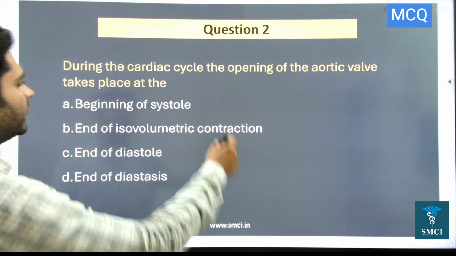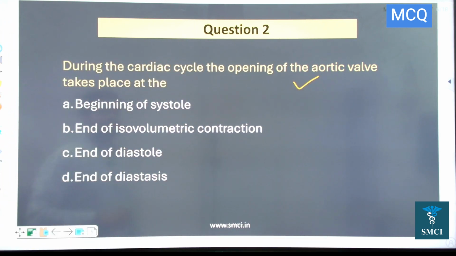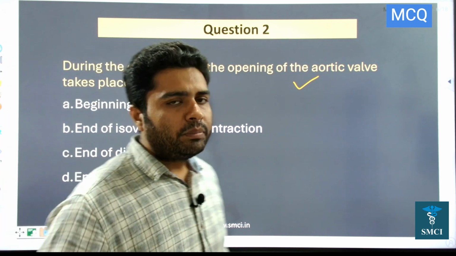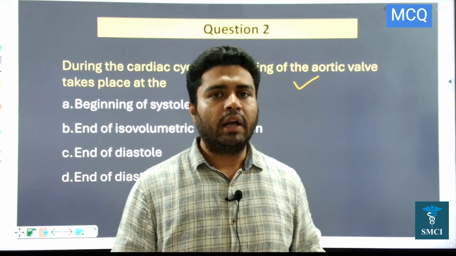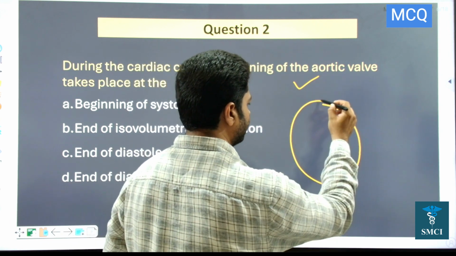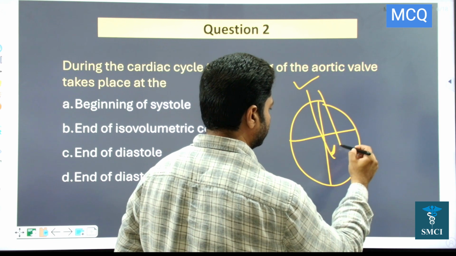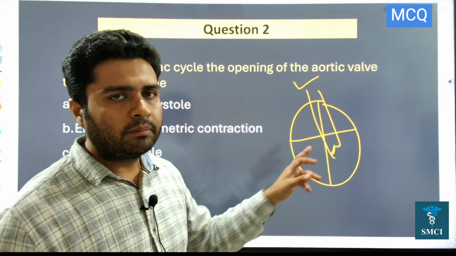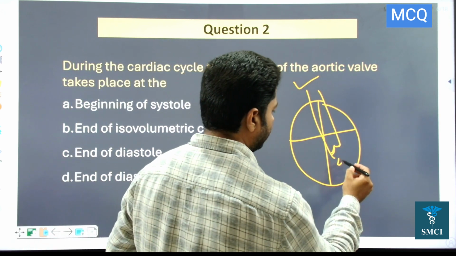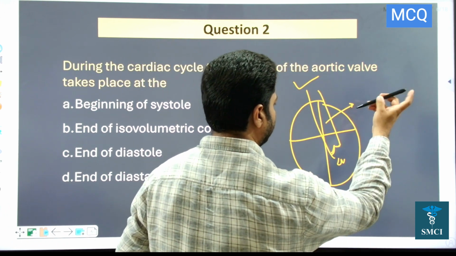Next MCQ: during the cardiac cycle, the opening of the aortic valve takes place at the... So we all know that the aortic valve will open only when the left ventricular pressure goes above the aortic pressure.